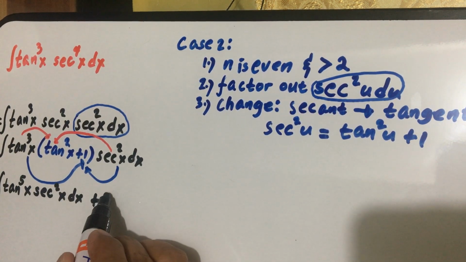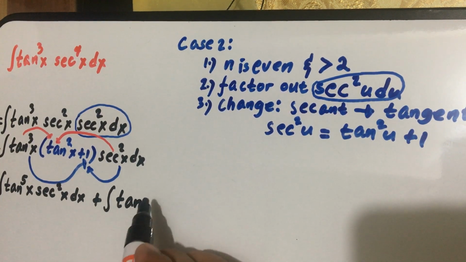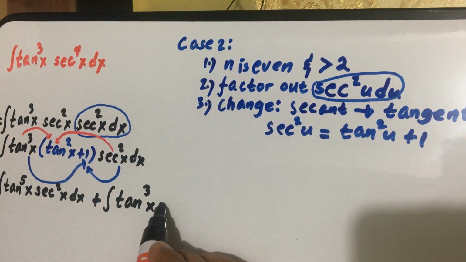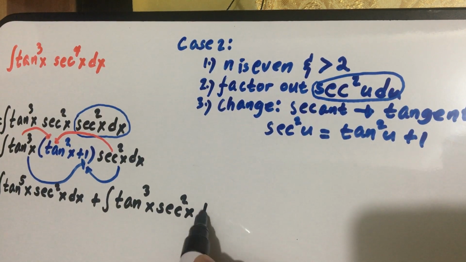So this becomes the integral of tangent cube x secant squared x dx.